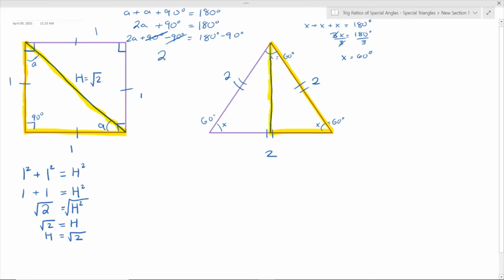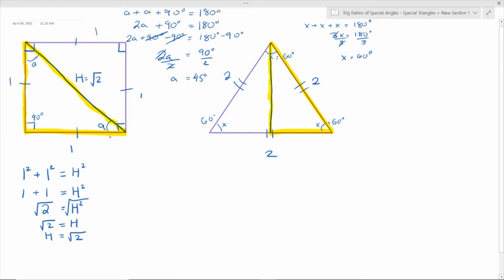So we're left with 2A is equal to 90 degrees, right? Because 180 degrees minus 90 degrees gives 90 degrees. So here we have 2A equals 90 degrees, and this is 2 times A, so the opposite is going to be divide, so divide by 2 on both sides. This 2 cancels with this 2, and then A is going to be equal to 45 degrees, because 90 degrees divided by 2 is 45 degrees.